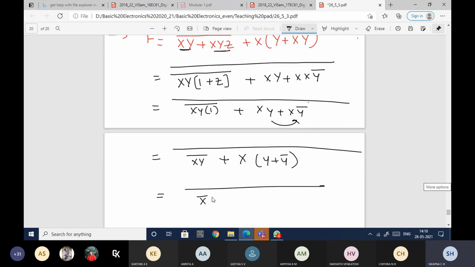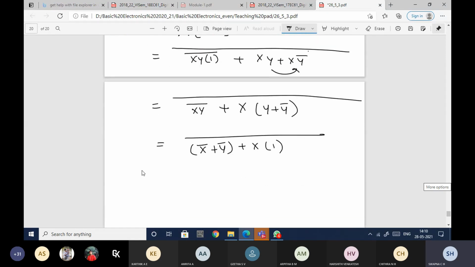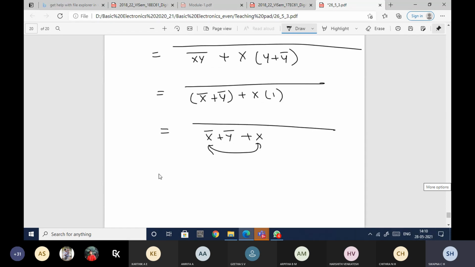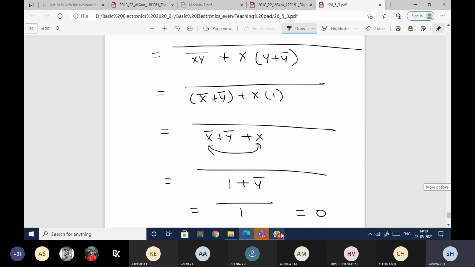So it is nothing but x bar, in between I have dot, plus y bar plus x into 1. So this is equal to, whole complement will be there, x bar plus y bar plus x, and again x plus x bar is nothing but 1. So 1 plus y bar, 1 or with anything will be 1, so 0.